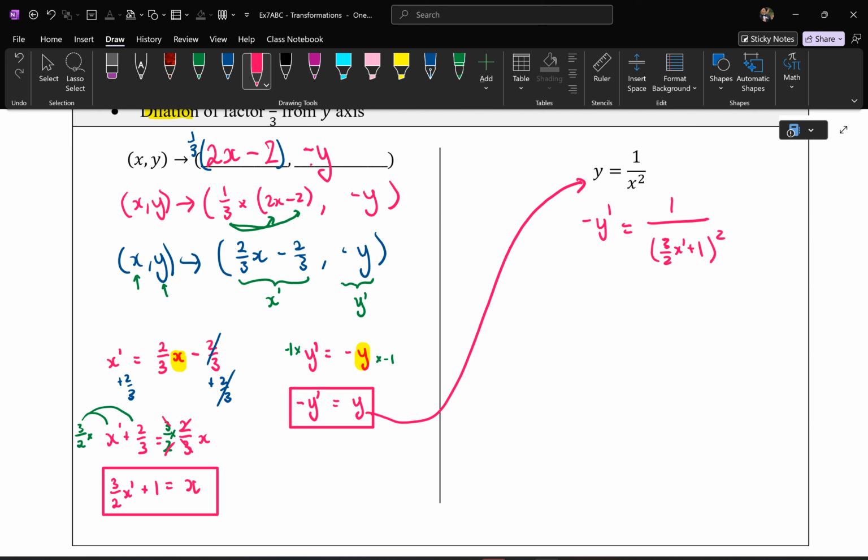We normally write the equation with y, not negative y. So here, we have to times it by -1, and then I have to times this by -1, just so that these negatives cancel out. And you get new y equals -1 all over 3 over 2 new x plus 1 squared.